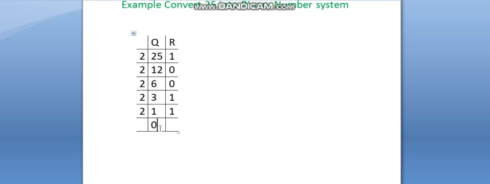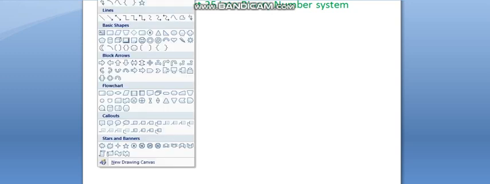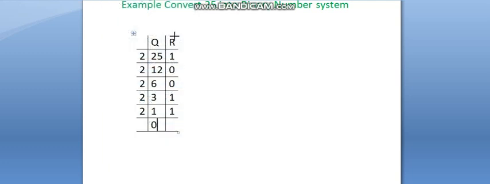And then the last quotient is your 0. Now these numbers which are in the remainder, this is our answer. So how we have to note down the answers? See, we have to note down the answers in the reverse order.